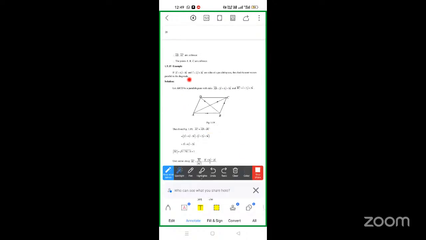Collinear. Next, 2i + 4j − 5k and i + 2j + 3k are sides of a parallelogram. Then find the unit vectors parallel to the diagonals. So given parallelogram ABCD, AB side, BC side.